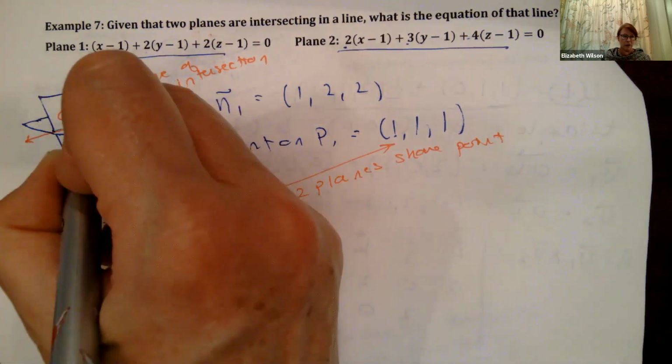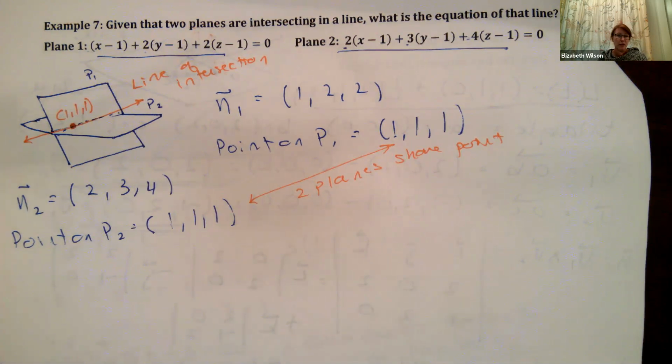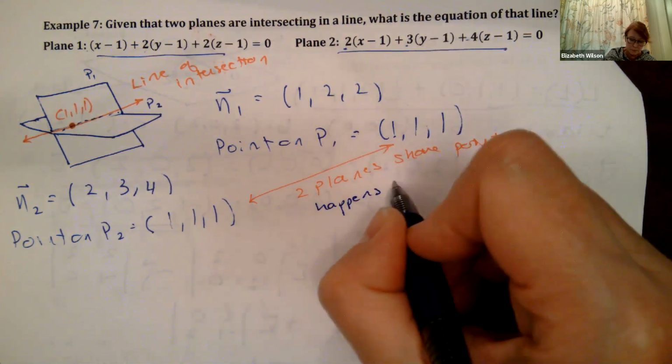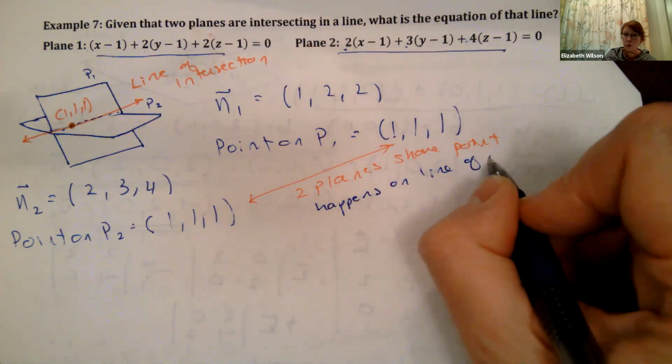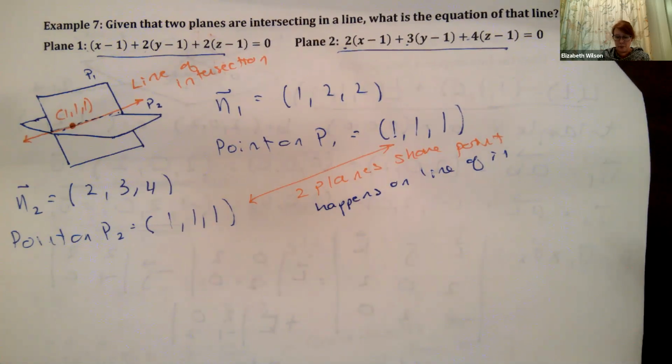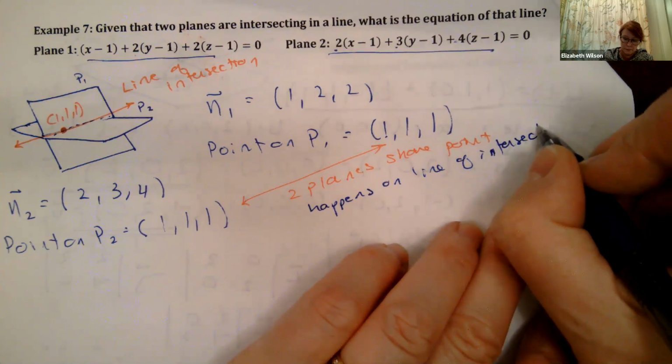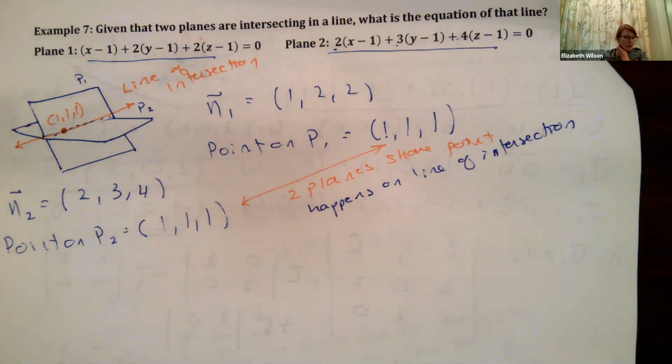Oops, there's a 1 in there. If the 2 planes share a point, that means that the point is on their line of intersection. That's the only way they're going to share the point, is if it happens on the place where they intersect. Okay, great.